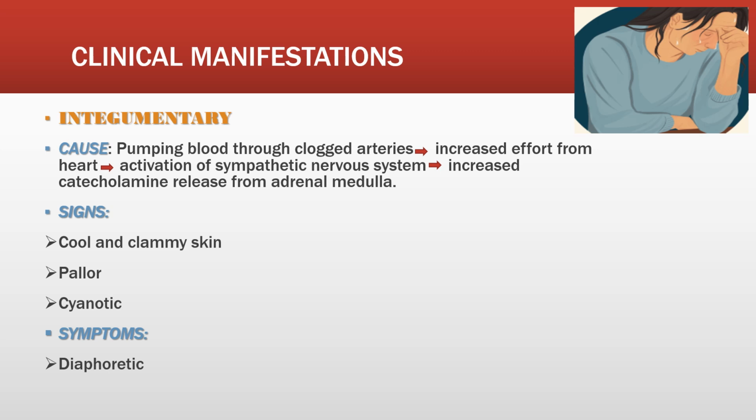So your heart is working hard, and that leads to activation of the sympathetic nervous system, and that leads to catecholamine release, and then you start having severe sweating, that is diaphoresis. So what signs will you see? Cool and clammy skin. This word is very important because this is typical in a patient with MI. Cool and clammy skin, pallor, cyanotic, and diaphoretic.